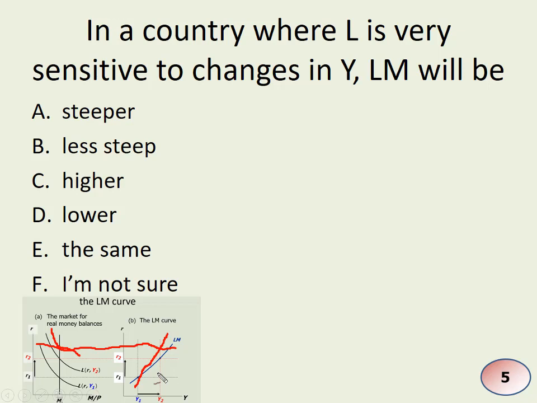In a sophisticated economy, the same money can be recycled many times to do lots of transactions, whereas in this economy it isn't. For the same increase in income, people need more money, which means this moves up higher. So the interest rate has to increase by more to keep balancing the money market. So this curve is steeper. So it will be A.